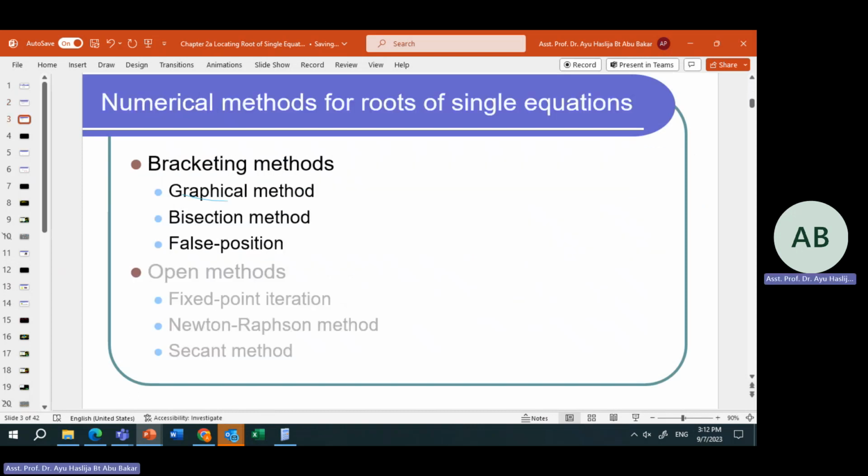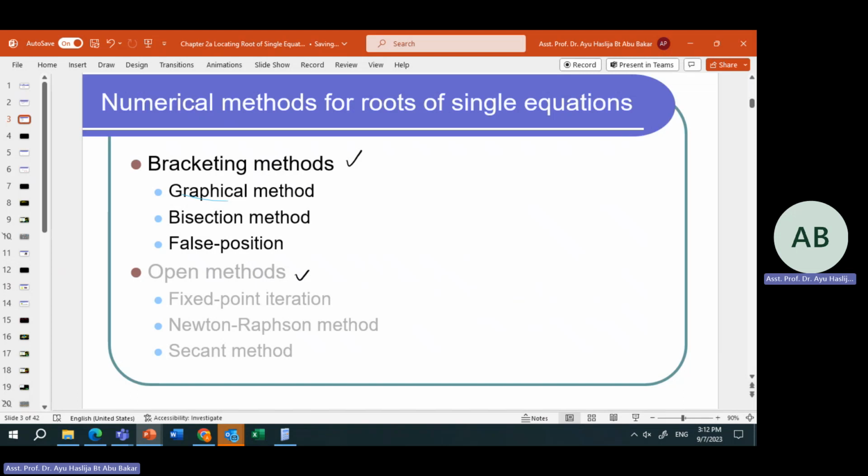To find the roots of a single equation, we have two major methods, bracketing and open method. Bracketing, what do brackets mean? You have open bracket, close bracket, right? So it is in between that bracket only.